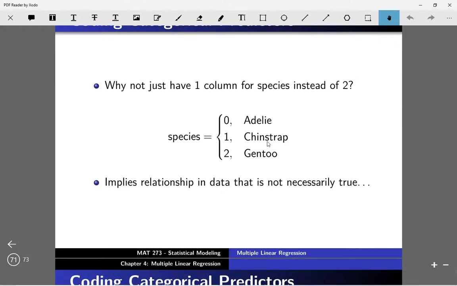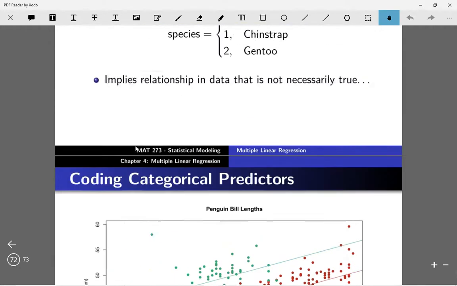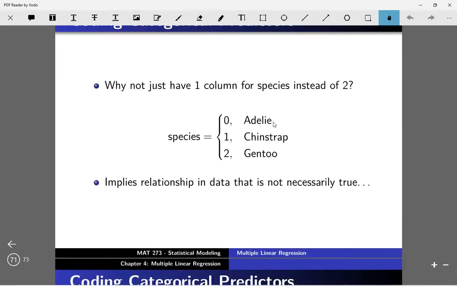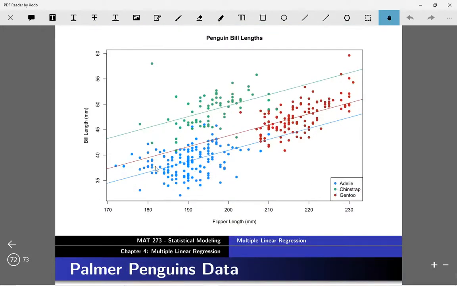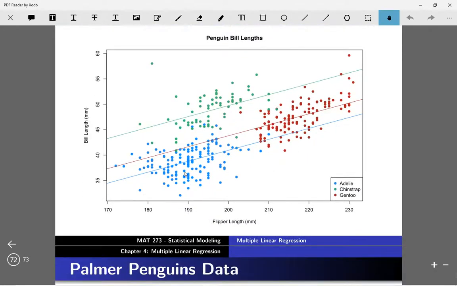But looking at Adelie to chinstrap, chinstrap to Gentoo, that is certainly not the case. The distance between these estimated lines is not the same for all of them. Adelie to chinstrap is this huge distance here, blue to green, and that's much, much bigger than Adelie to Gentoo, the distance from here to here. Or I'm sorry, the contradiction actually is that the distance between Adelie and chinstrap, the blue and green, is not the same as chinstrap to Gentoo.